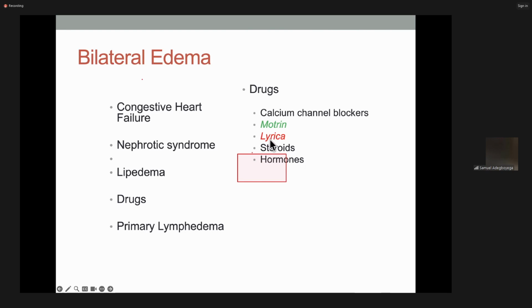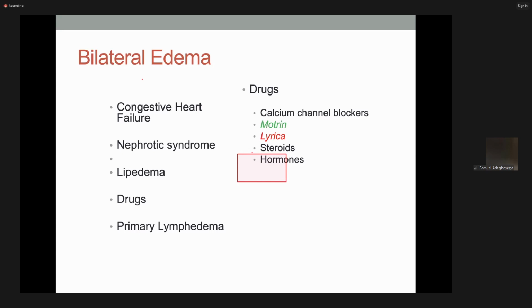This medication, Lyrica, what is that used for? Nerve pain? Right, nerve pain, exactly. So if we give a question like a patient presents with bilateral leg edema, never had a history of it, and this edema started after being placed on the medication, what could be the possible cause? How about this?